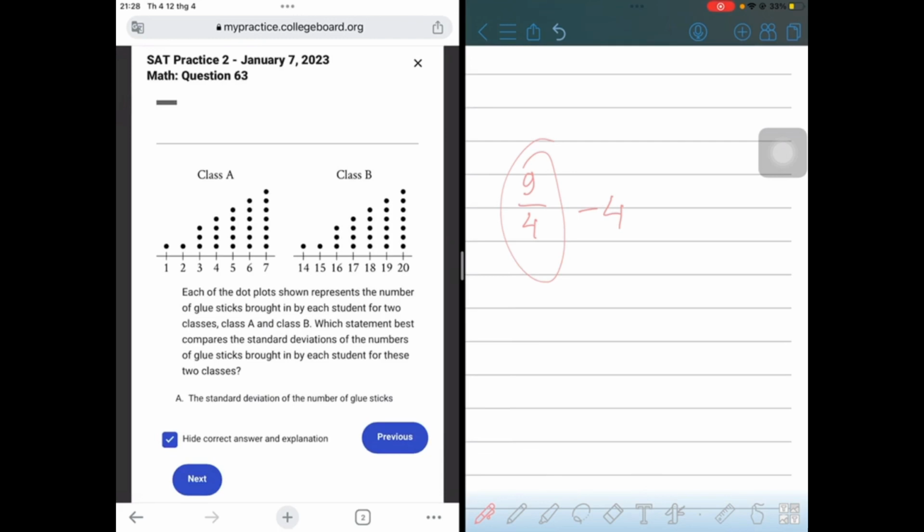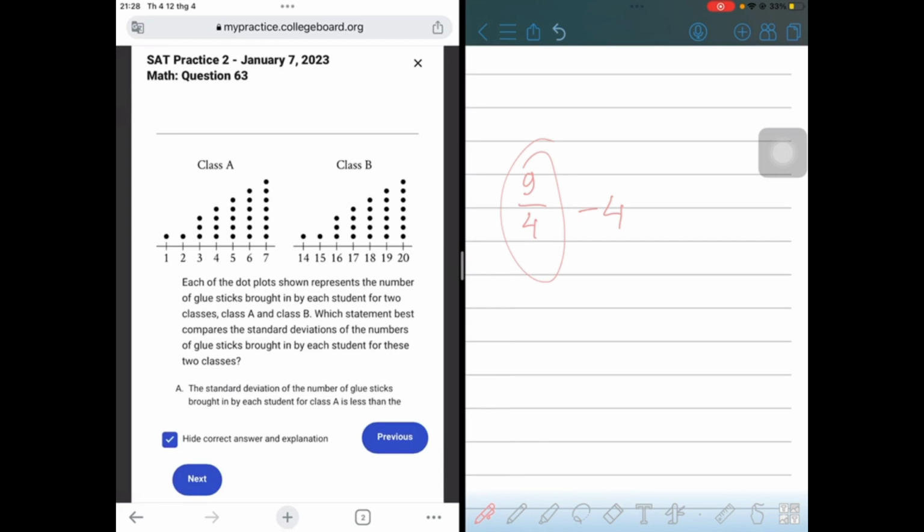But another point that you need to figure out is that every dot in class A is similar to class B. You see the pattern of the two classes is exactly the same. So no matter the mean, you don't need to calculate, you see that all the dots are the same. So you can conclude that the standard deviation of the two classes is also the same, right?